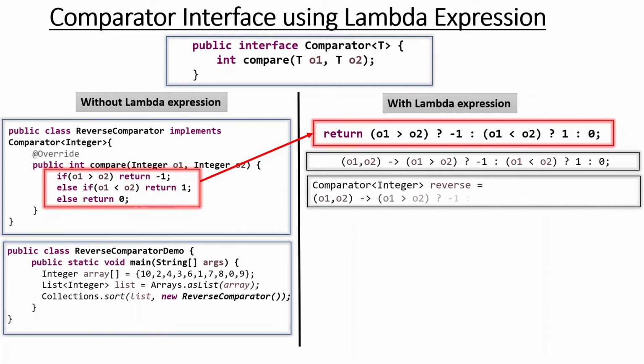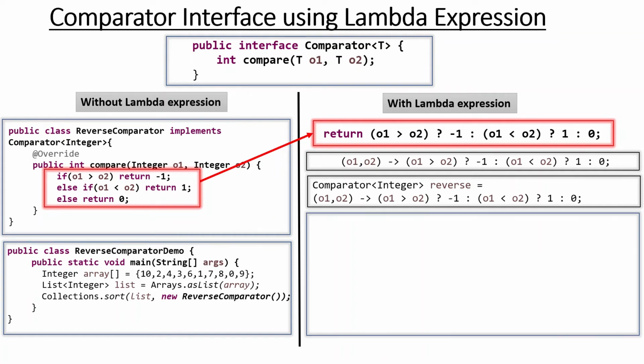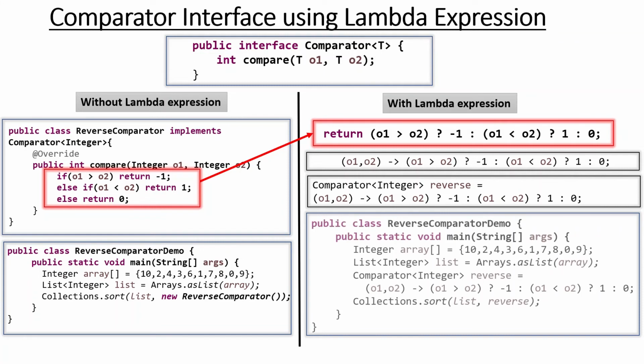Comparator Integer reverse equals the lambda expression that we wrote above. So in our main method, we can directly write this. So our main method will look something like this. So see, we have added the lambda expression, and then we have passed this reference of lambda expression to the Collections.sort method.